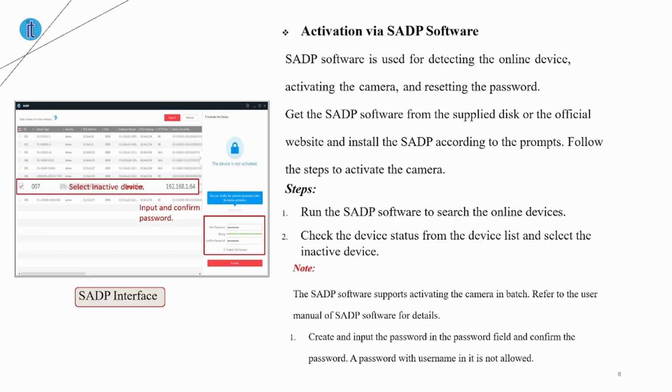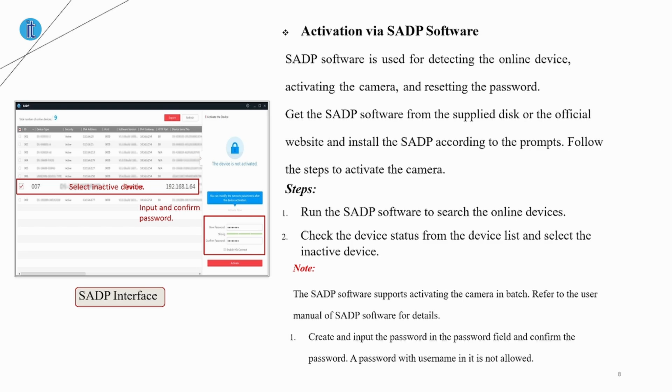The software that comes with the Hikvision camera is used for detecting online devices. That is to say, if you have already added this camera to your switch or your router, it helps you to detect the online devices, that is, the cameras that have been added to your switch, activating the camera and resetting the password.